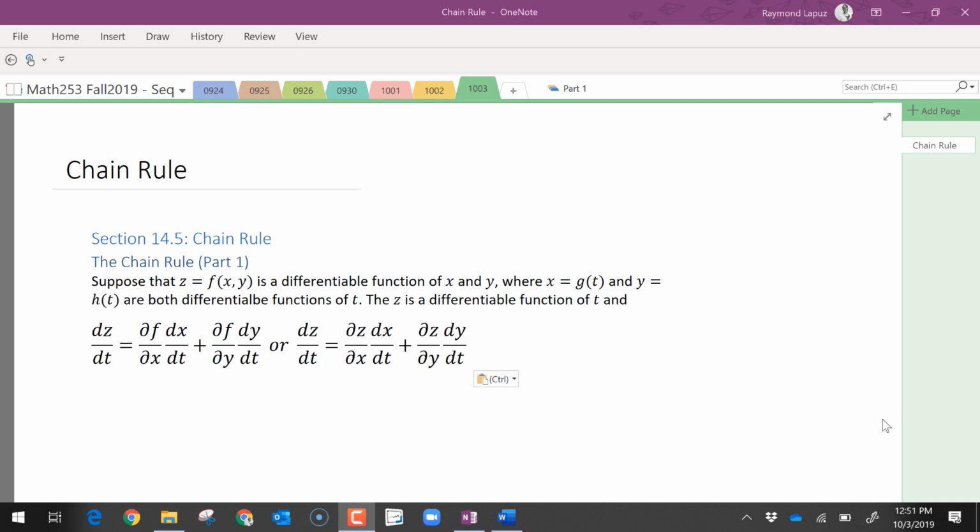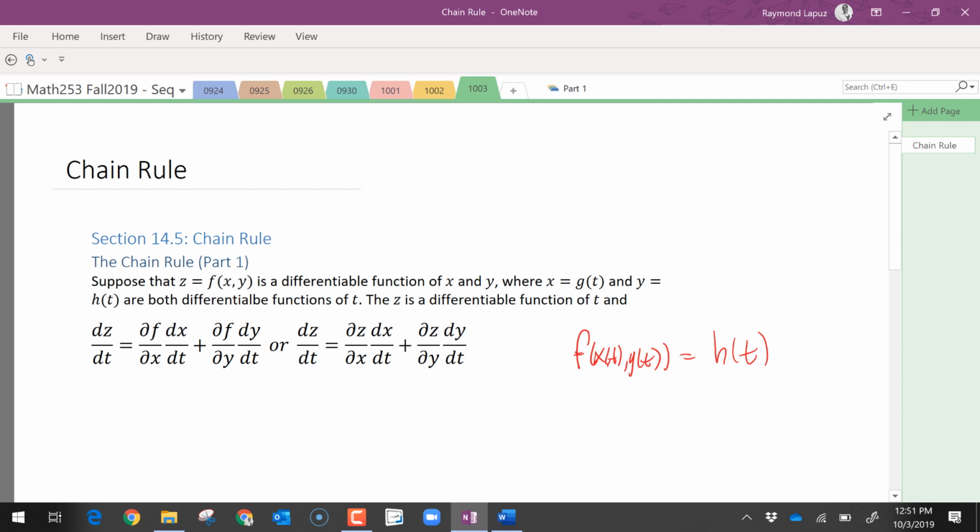So does that make sense? So we can say that f of x of t, y of t can really just be represented as a function of only one variable.